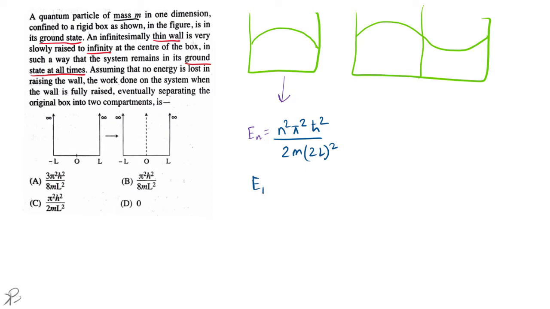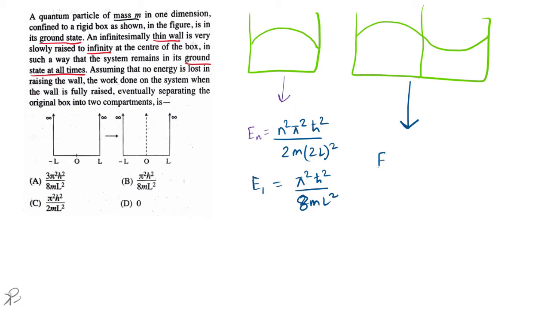If we take the first energy level, it will be pi squared h cut squared by 2 m L squared. Now in this case, what will be the ground energy?